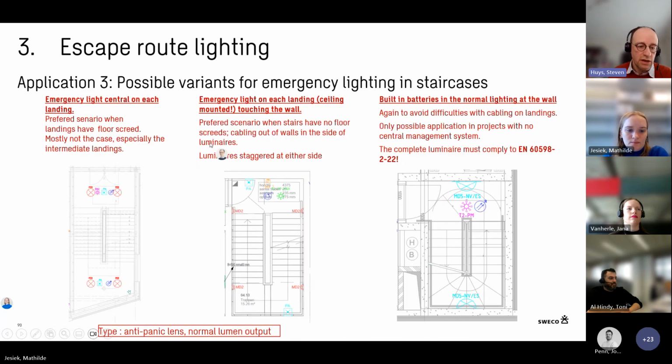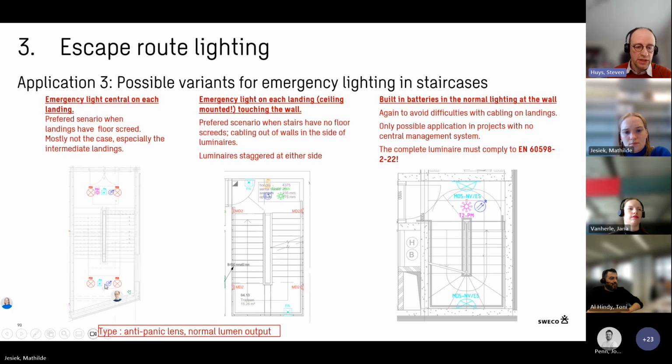Then we thought it would be good to pay attention to a difficult thing, which is always the staircases. We think you have three possible variants of applying emergency lighting in staircases. First of all, if you have a floor screed on all landings, then the best way is to put an escape route luminaire in the central points of the landings.